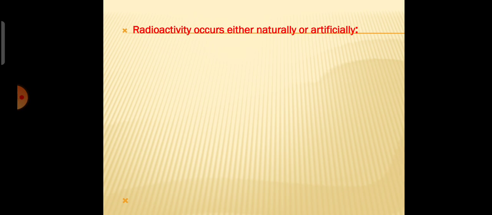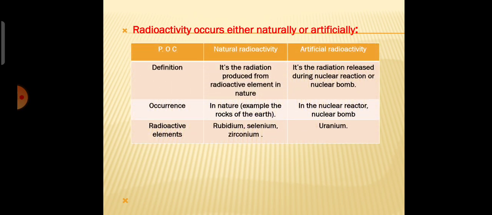Radioactivity occurs either naturally or artificially. We must compare between natural radioactivity and artificial radioactivity according to definition, occurrence, and radioactive elements. Definitions: natural radioactivity is radiation produced from radioactive elements in nature.